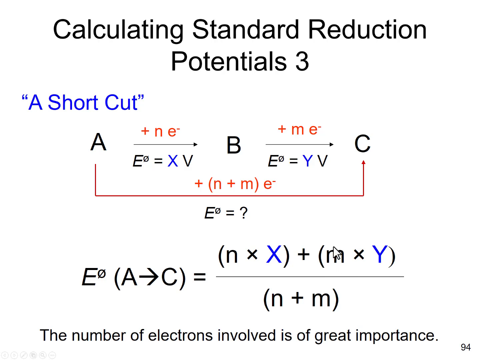And that you add to the second value, which is obtained by multiplying m number of electrons times the potential y. And then this sum you will divide by the total number of electrons, which is n plus m. So the number of electrons involved in the overall process is of great importance.